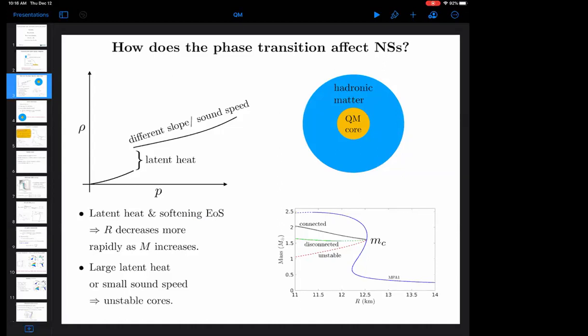But can you pursue this analysis further and somehow be more distinctive between models? Sorry, I don't exactly understand what you mean. Say you have 10 models, they differ. Can you say which one works better? Or the only thing that you can answer using that sort of analysis is if there is a quark-matter core.